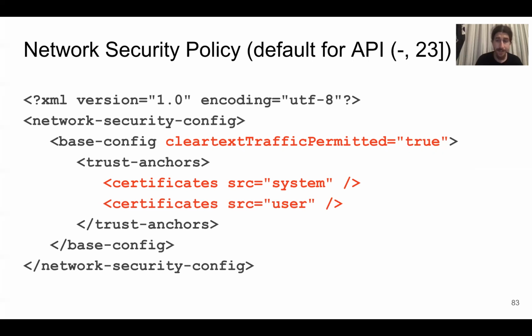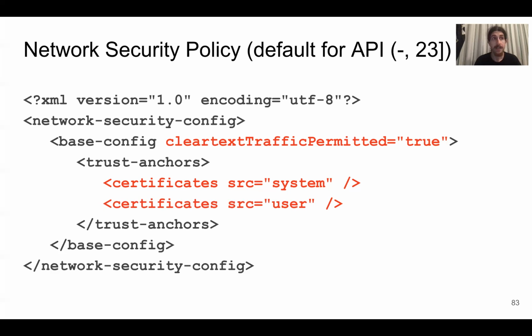And it's interesting to see how in the past, for Android up to API level 23, this was the network security policy that was adopted, where HTTP was enabled, and they would also trust by default certificates belonging to the system key store and to the user key store. The system key store, as I said, collects all the trusted certificates.